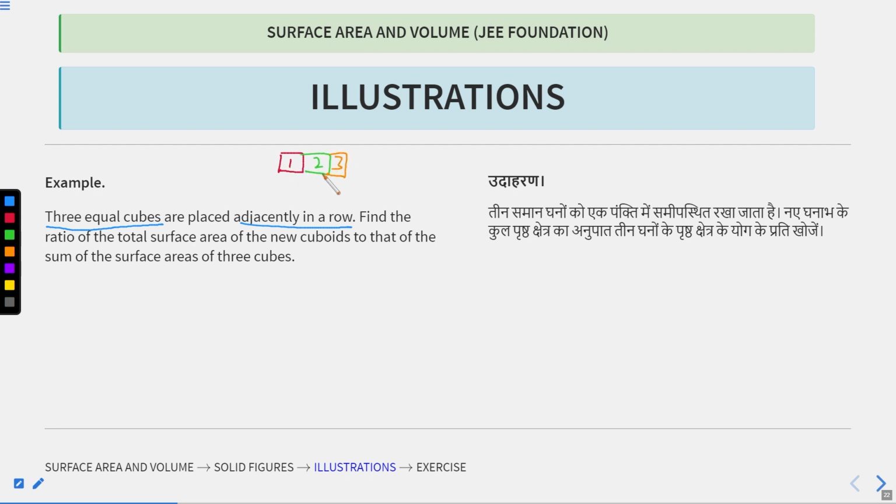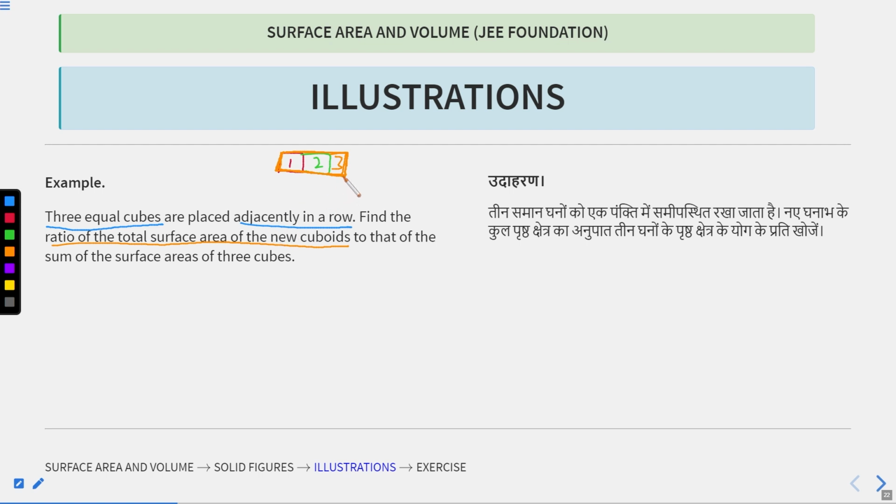So we have to find the ratio of the total surface area of the new cuboid. If you see, we are now forming a new cuboid like this. I just marked it by orange color.